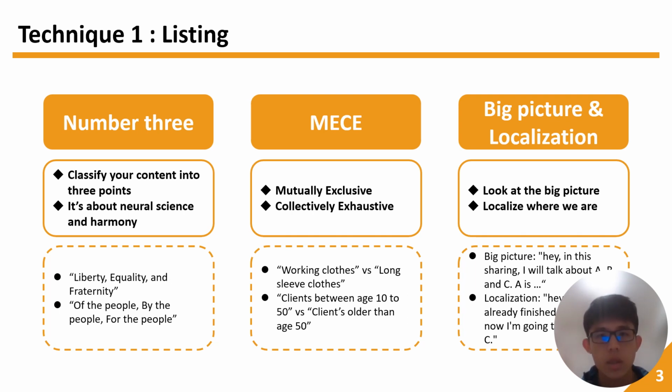And collectively exhaustive means that when we add all the points up, they should form a whole. For example, if we want to classify our clients into two parts, the first part is clients between age 10 and 50, and the other part is clients older than age 50.